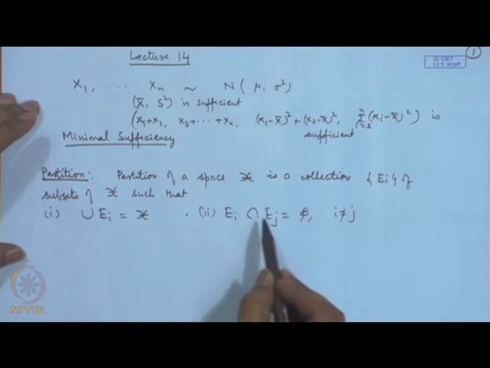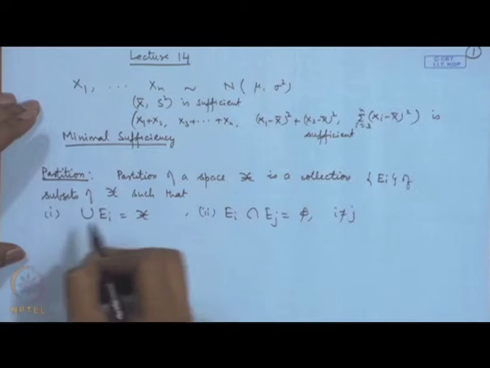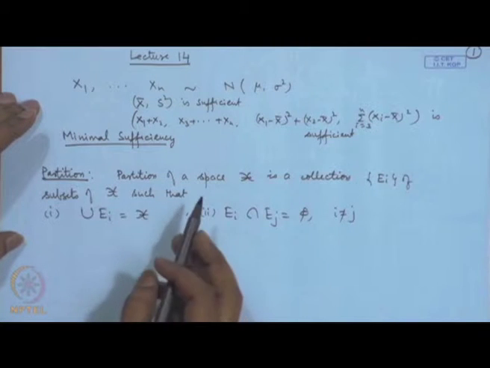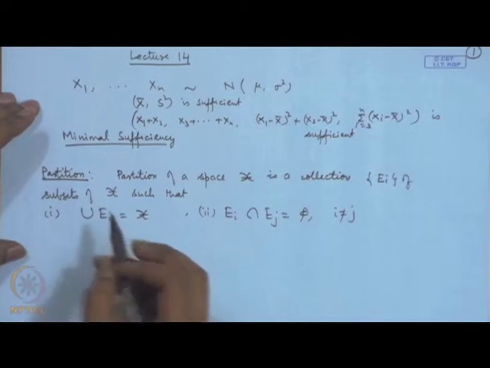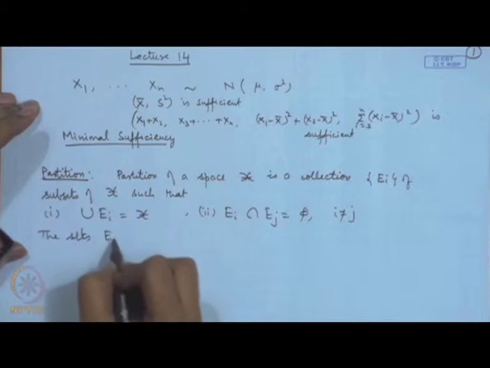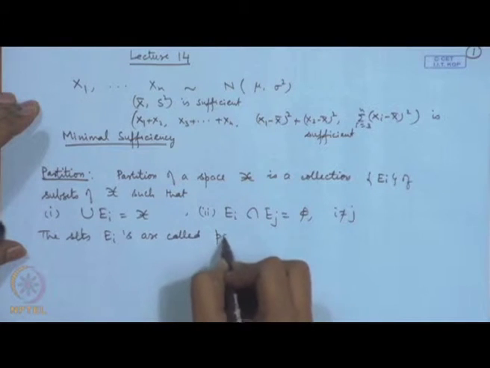That means they are mutually exclusive sets and the union is equal to the full space. That means mutually exclusive and exhaustive subsets of a space is called a partition. The sets E_i are called partition sets.